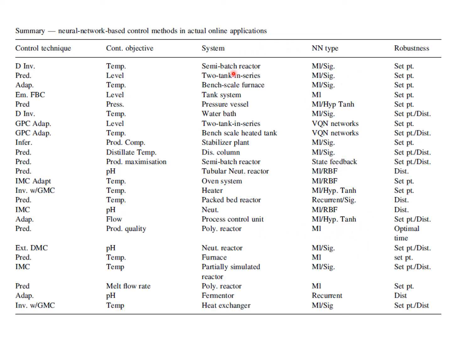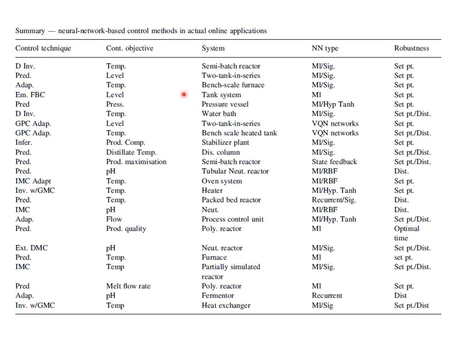So this is just to show some of the very robust, very wide range of usage of neural network in the control strategy. Whether the neural network is used just as a model itself, or as a controller itself, or both as a model and controller in the IMC method.